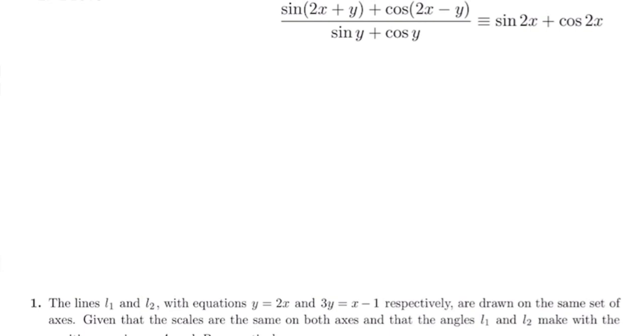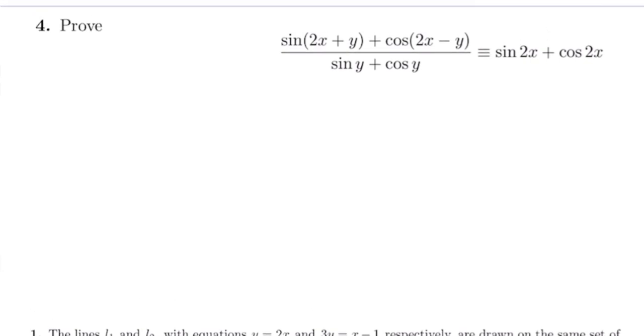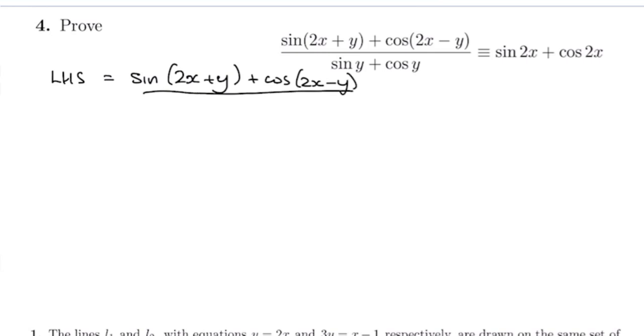And the next one says, prove that sine of 2x plus y plus cos of 2x minus y over sine y plus cos y is identical to sine of 2x plus cos of 2x. So again, because it's an identity proof, I'm going to start with the left-hand side. And the left-hand side is sine 2x plus y plus cos of 2x minus y over sine of y plus cos of y.